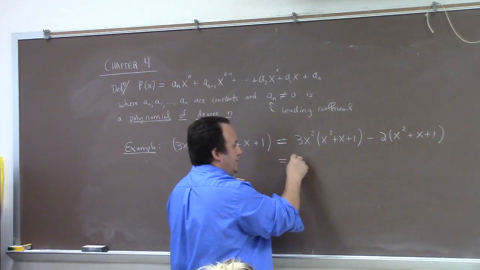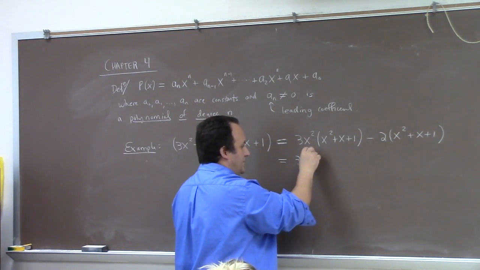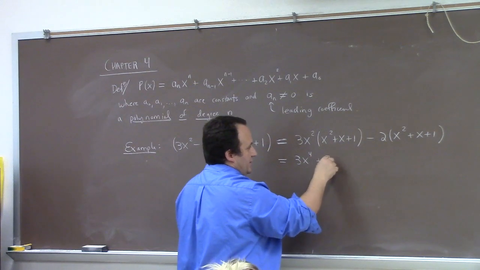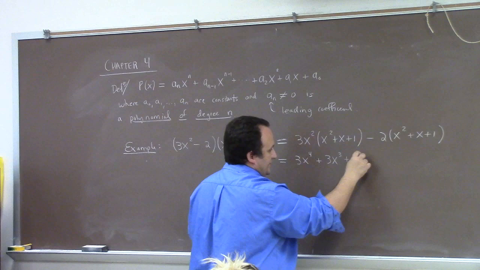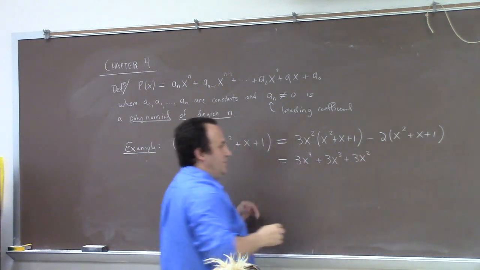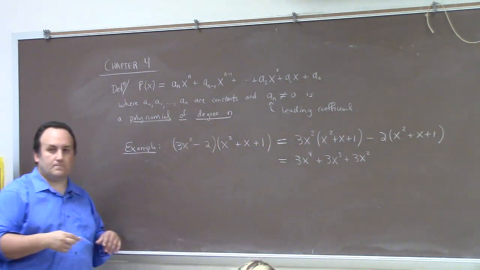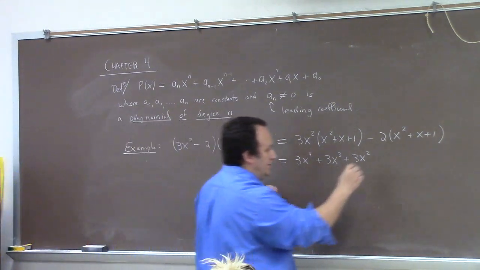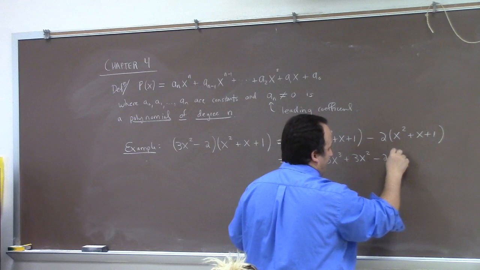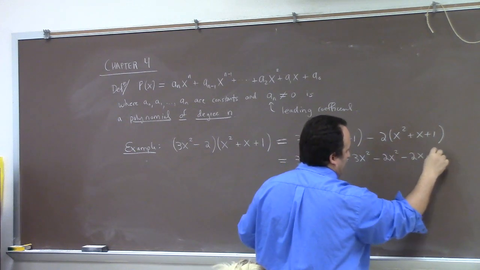We've got 3x to the 4th plus 3x cubed plus 3x squared. That's from the first term. And then minus 2x squared minus 2x minus 2.